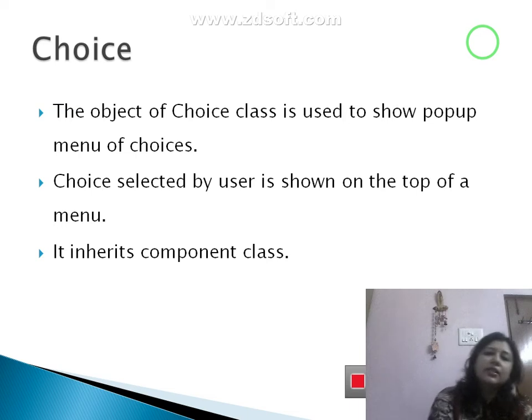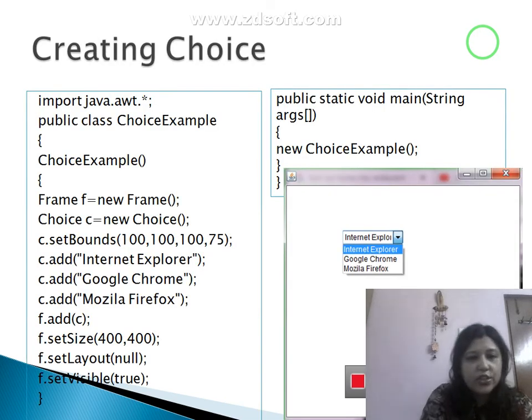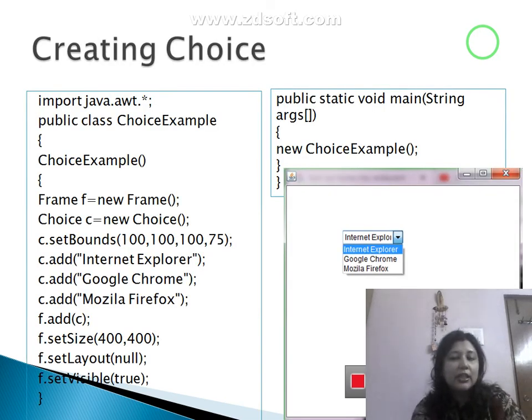Now choice. Choice is a component, and the Choice class is used to show a pop-up menu of choices. The choice selected by the user is shown on the top of the menu. It inherits the Component class. So how to create a choice? Here we have a list of different types of browsers: Internet Explorer, Google Chrome, Mozilla Firefox. Whatever we select will be displayed on the top.